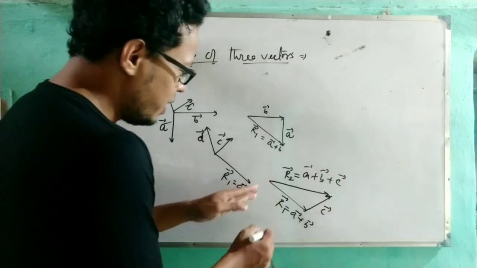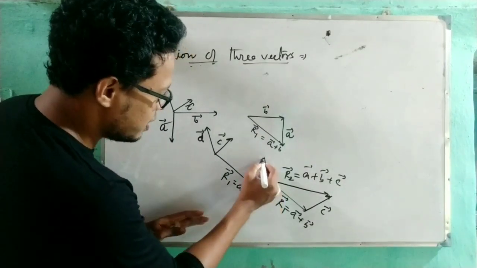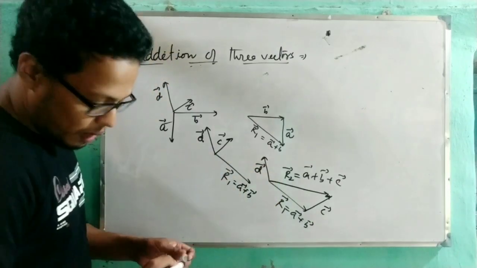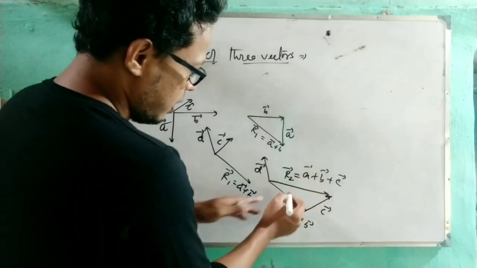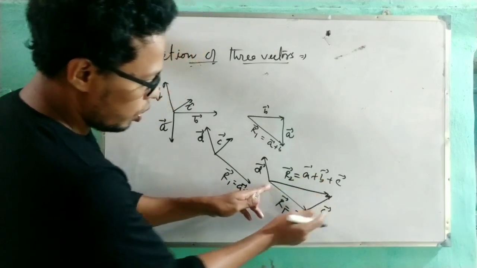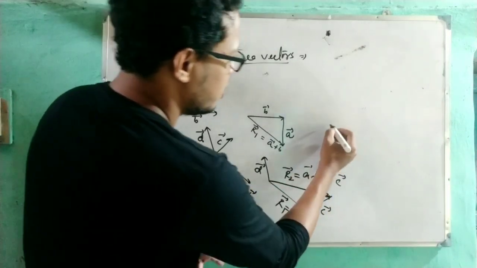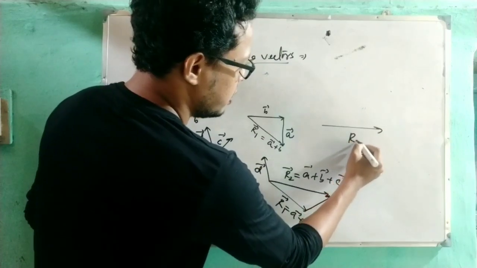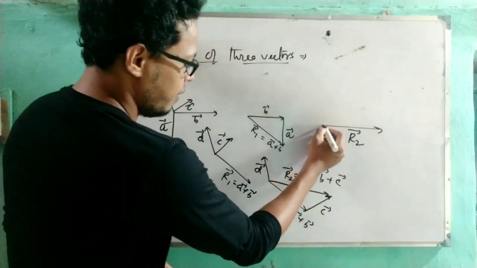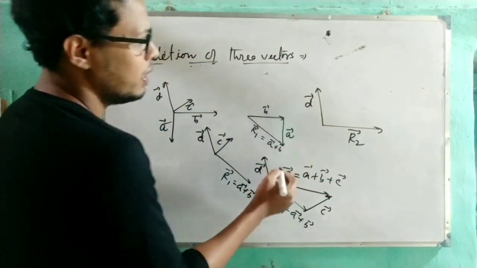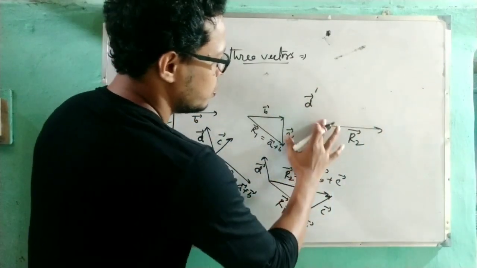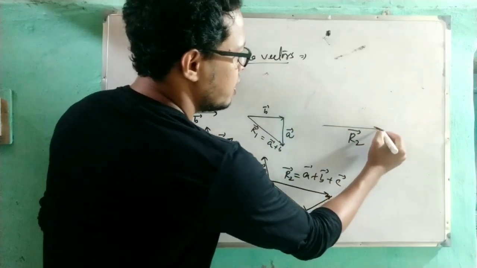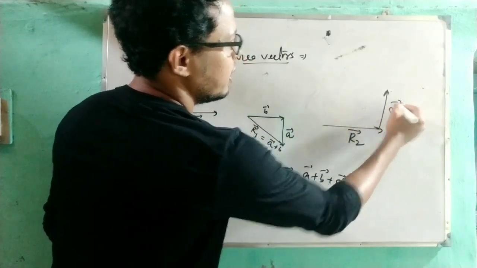Now the remaining part is which one? This is the d vector left. So I am drawing this vector over here. Now we got the resultant of a, b and c, which is R2, and the vector left, which is d. By parallel shifting we can draw the vector over here also. So parallelly I am shifting it and I have drawn the vector like this.